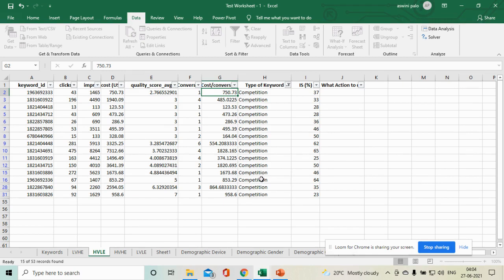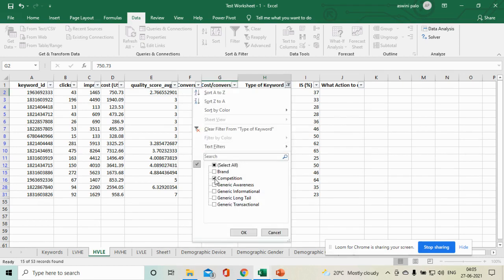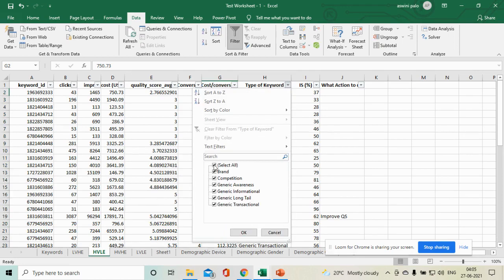If still you are not able to control that, go for manual CPC, through which you will be able to control these high conversion competition keywords and run ads for only those keywords. Do not run ads for any other keywords. So that's how you can manage it.